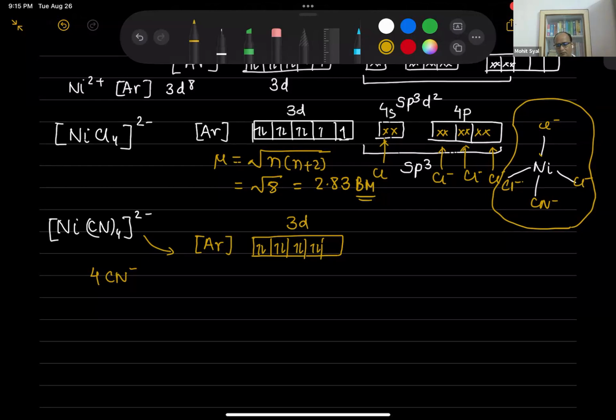Will it be useful for me to form the bond? In octahedral geometry, that was of no use, because I need 2 inner or 2 outer d orbitals, either d2sp3 or sp3d2. But this is not octahedral geometry, not 6 ligands, just 4 ligands. With 4 ligands, this can be used.